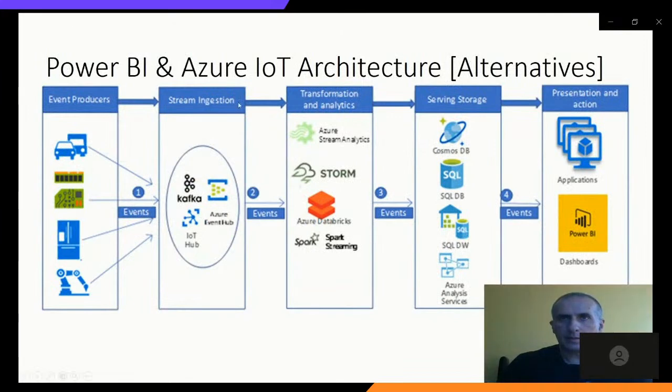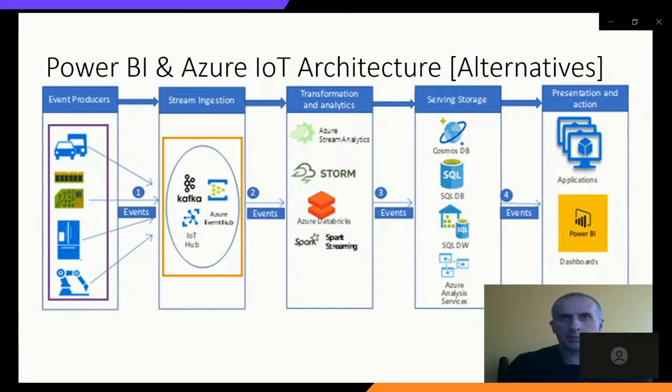You can see on this schema that we have different alternatives for each component. We can have stream processing using different services. We can have also Cloud Gateway, which can be also an alternative to Azure IoT Hub. It is possible to have Azure Event Hub. It is possible to use open source services like Kafka.